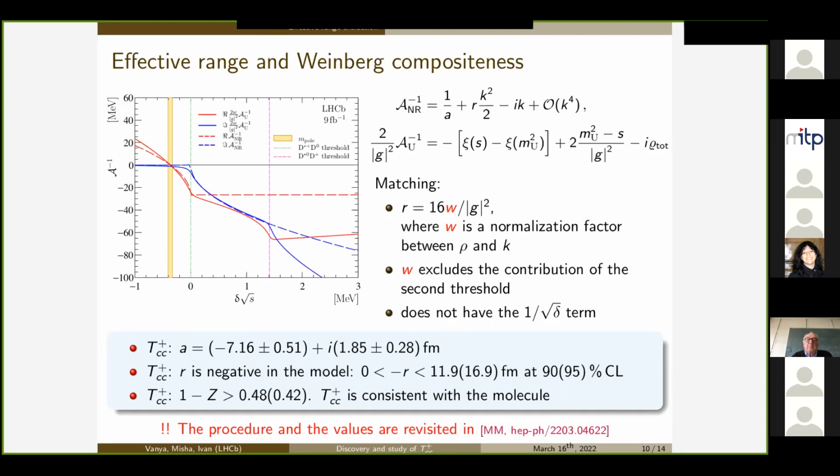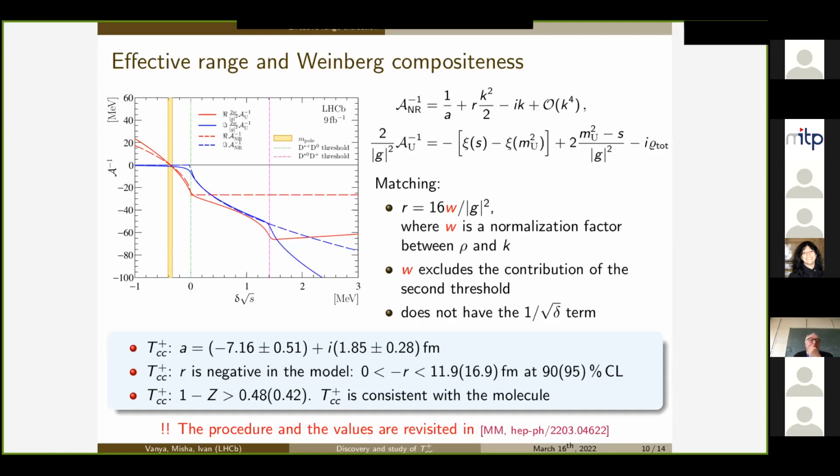The wave function at the origin is given roughly by the G function, the loop function, times the coupling. And that's why you are so lucky to differentiate between the isospin 0 and the isospin 1. More important than the probability are the couplings or the wave function at the origin. And in this sense, you should talk rather about the molecule of D star plus D0, D star 0 D plus. I think that's better to talk in these terms.